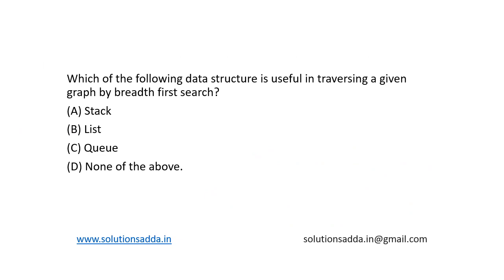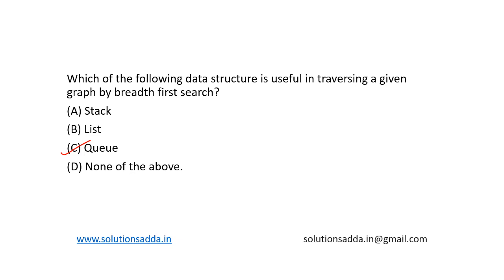This is a question from data structures. Which of the following data structures is useful in traversing a given graph by breadth first search? Options are stack, list, queue, and none of the above. The correct answer is option C, queue, because BFS performs level order traversal, which can be fairly done using a queue.